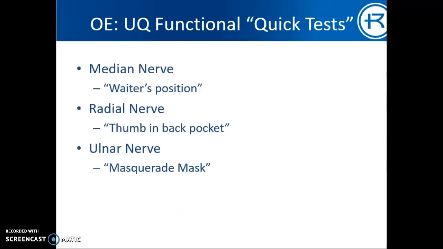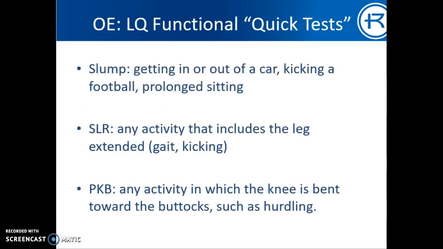Moving on to functional quick tests. If you are suspecting increased neural sensitivity, you can put them in a functional position that might increase the demand on their neural system and provoke their pain. In the lower quarter, some of these examples might be having them get in and out of a car or simulate that, have them actually kick a ball for straight leg raise, any kind of activity like gait or kicking.